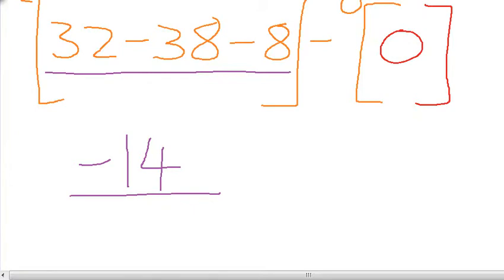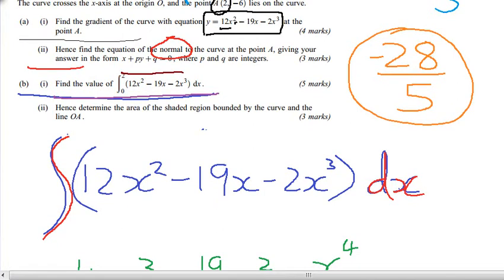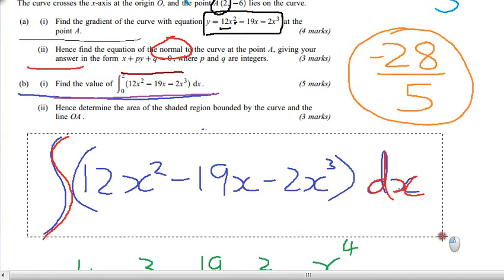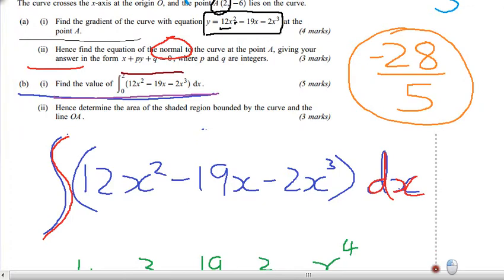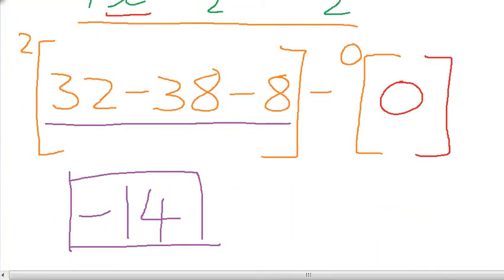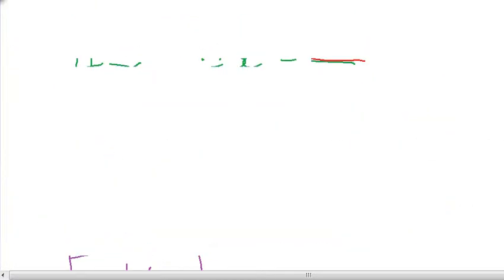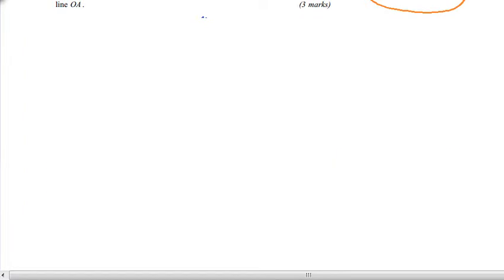Well, the value is minus 14. If you put positive 14, you'll actually lose a mark the way they've done it. I think it's a bit of a dirty trick, making you lose a mark for that, but anyway, got to play by their rules, not by ours. So we've got minus 14 as our answer. Let's get rid of all that.